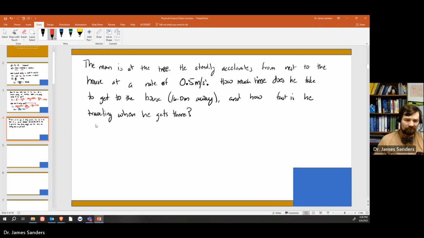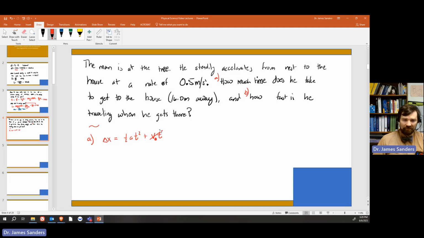Basically for this part, let's call it part A and part B. For part A, we can use that distance, delta x, is equal to 1/2 of the acceleration times the time squared plus the initial speed times time.